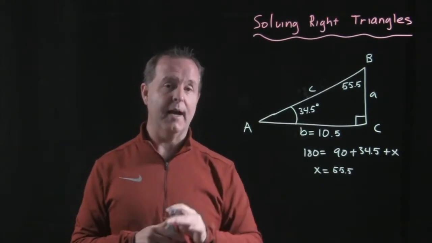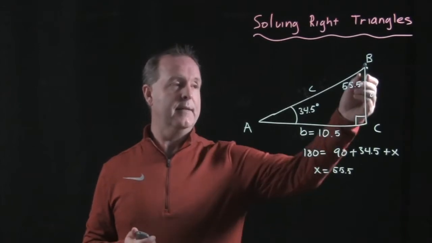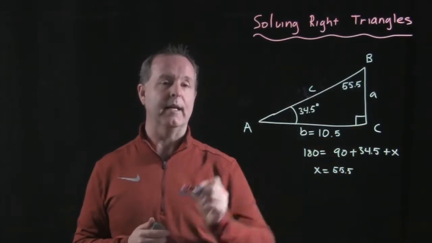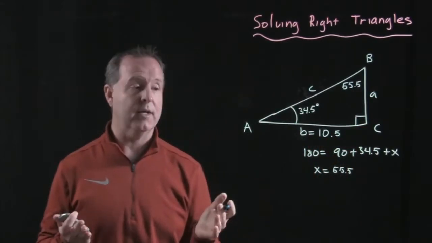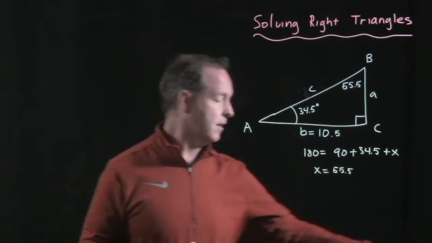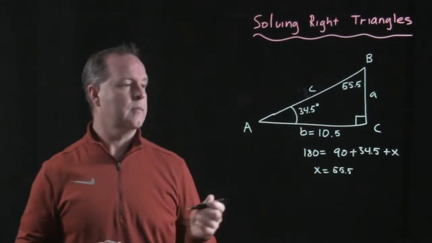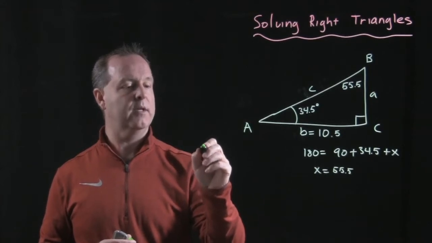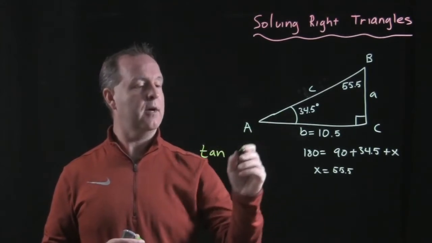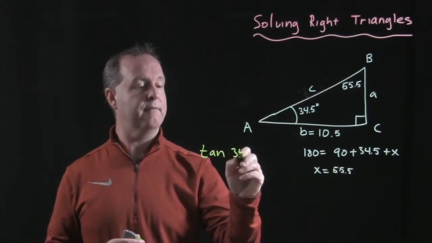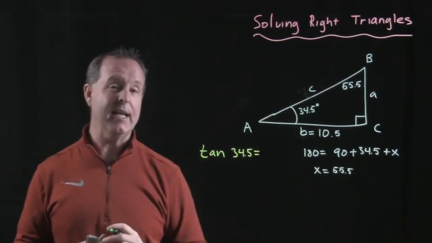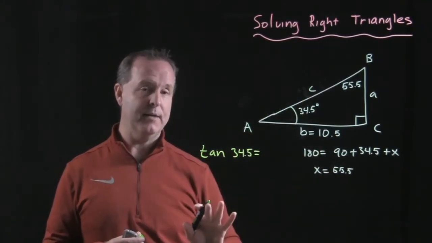Now from here, we need to find two more pieces of information, the side A and the side C. So let's begin using some of our trigonometric identities. Let's say, for example, that we were to look at the tangent of 34.5 degrees. Tangent equals opposite over adjacent.